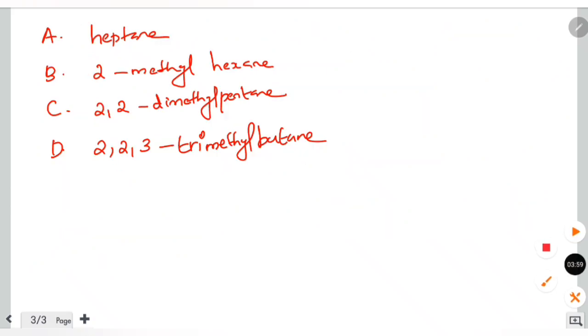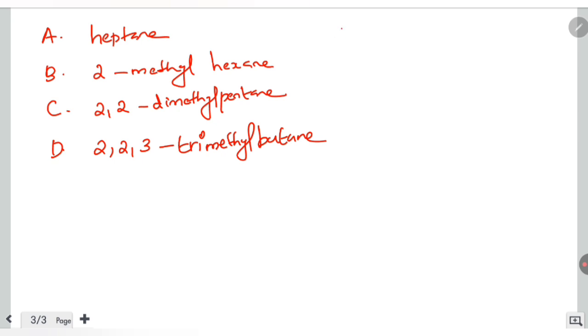Now if you get compounds like this, A, B, C, D, look at it: heptane, 2-methylhexane, 2,2-dimethylpentane, 2,2,3-trimethylbutane. In this case, how do you explain their boiling point or melting point or vapor pressure? So here also all of them are alkanes, right?